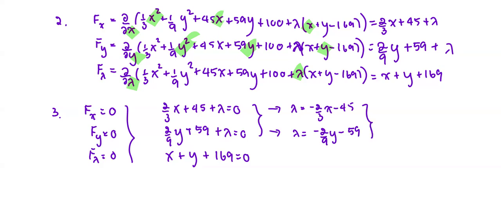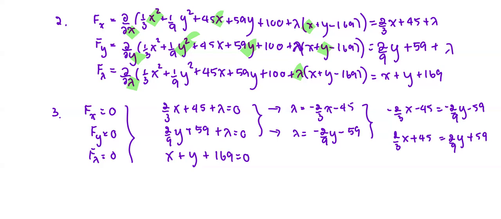Then we equate them. To write it in a convenient way, we multiply all by a negative sign. So the equation becomes 2/3 x plus 45 equals 2/9 y plus 59.